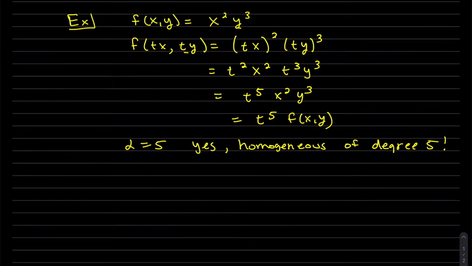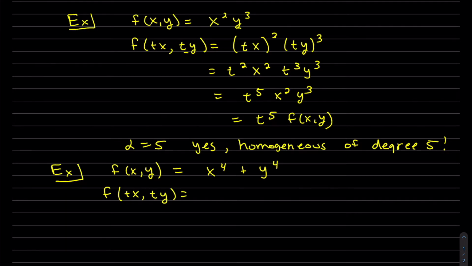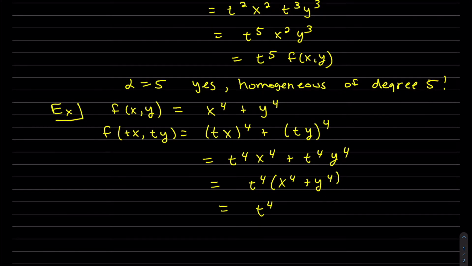Let's do another one. So here's a function, and let's go ahead and find the function of tx, ty, plug it in. And it looks like we've got this back.